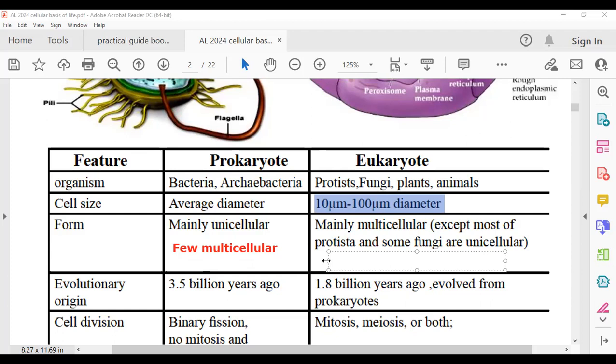Which organisms come under unicellular forms of eukaryote? Most of the protista. You studied in your O-level amoeba, paramecium, euglena, chlamydomonas, like protista, and some fungi like yeast. We will take that later. Have you marked this red color portion?